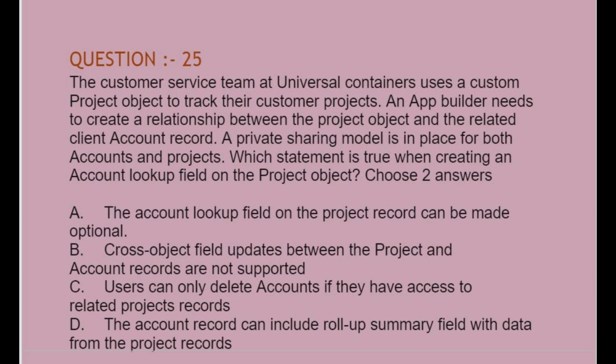Option A, the account lookup field on the project record can be made optional. Option B, cross-object field updates between the project and account records are not supported. Option C, users can only delete accounts if they have access to related projects record. Option D, the account record can include roll-up summary fields with data from the project records.